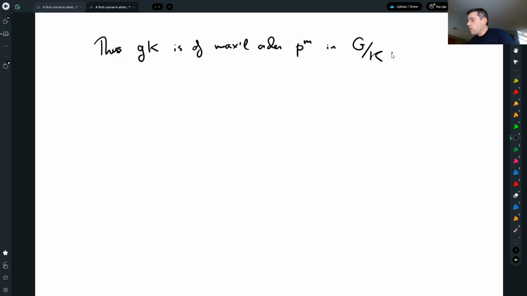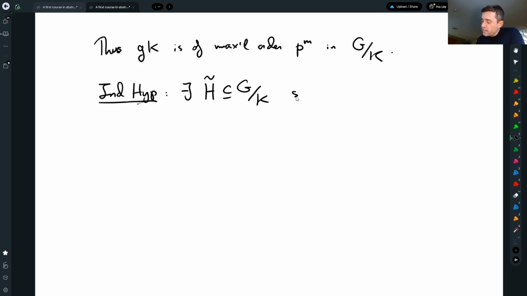So now, what the induction hypothesis tells me is that there is a subgroup, let me call it H tilde for now, in G modulo K, such that G modulo K is isomorphic to the subgroup generated by the element of maximal order, cross some subgroup H tilde.